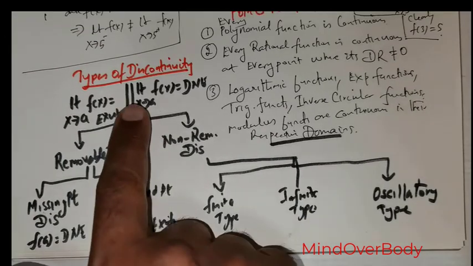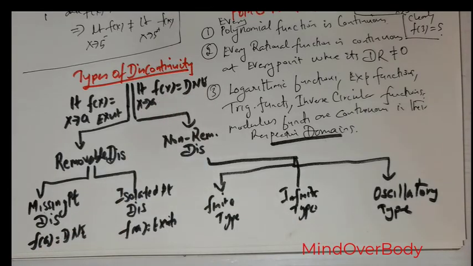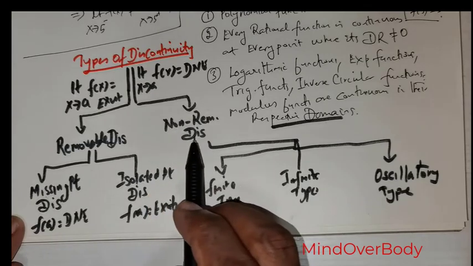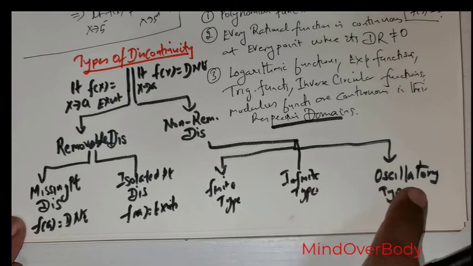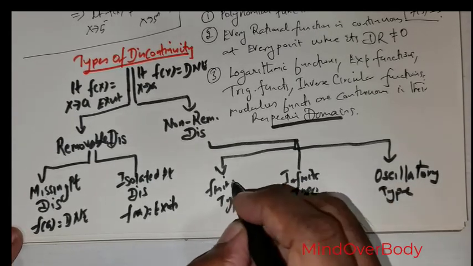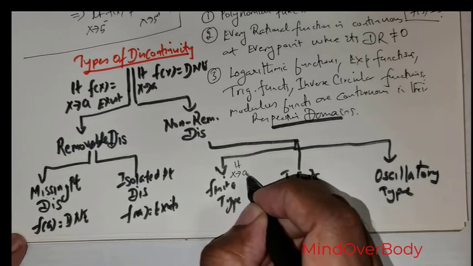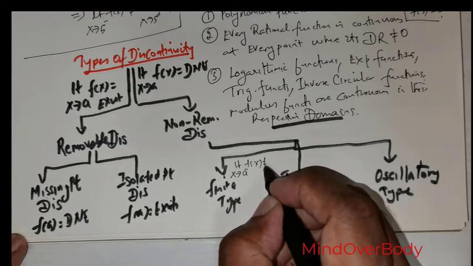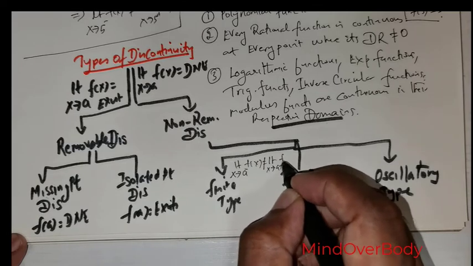Now coming to the next branch where the limit doesn't exist. So naturally in this case we have what is called non-removable discontinuity. In non-removable discontinuity you have three different categories: finite type, infinite type and oscillatory type. So clearly in finite type, the limit x tending to a minus of this function is definitely not going to be equal to the limit x tending to a plus of f of x.